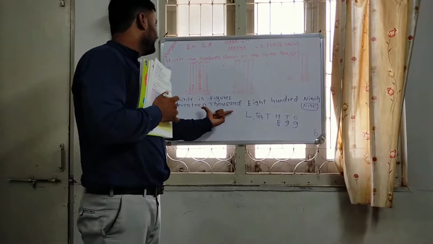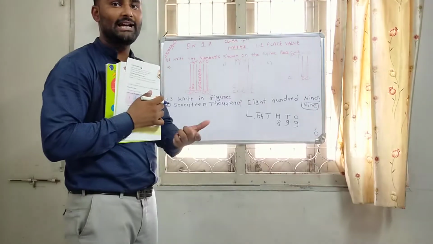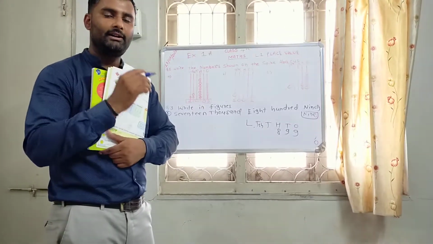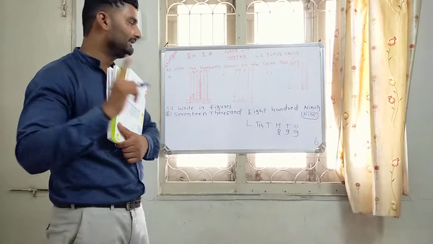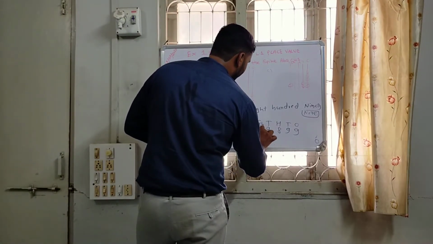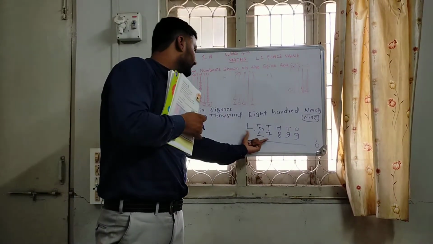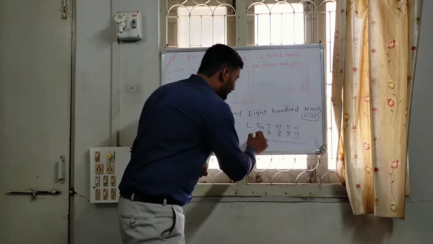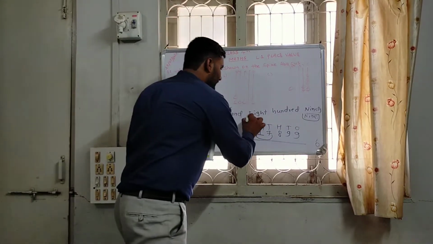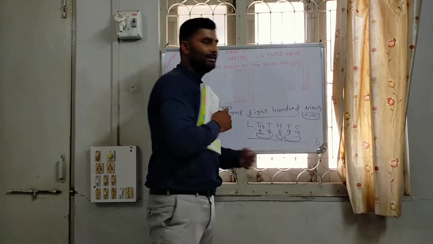Now how many thousands are there? 17. That means 10 plus 7. 17 means 1, 7. So thousands is 7 and 10,000 is 1. That means 17,000 combined, 17,899.